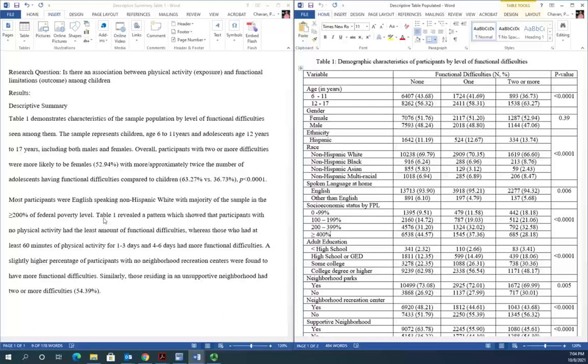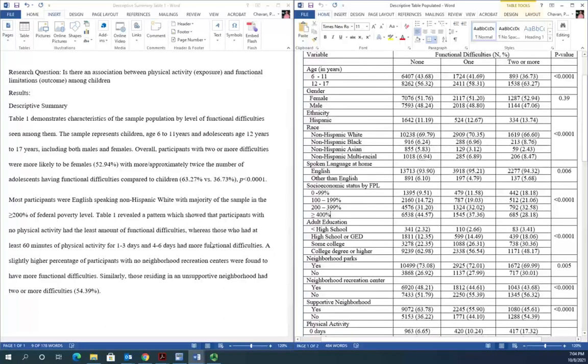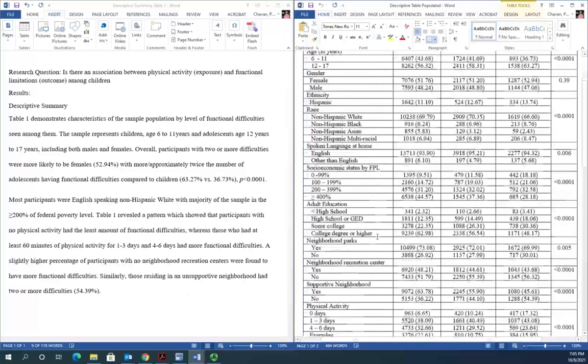Then followed by that, I have written that table 1 revealed a pattern. As I said, in descriptive analysis, we always have to look for a pattern, or for numbers which are strikingly different. That is very important.